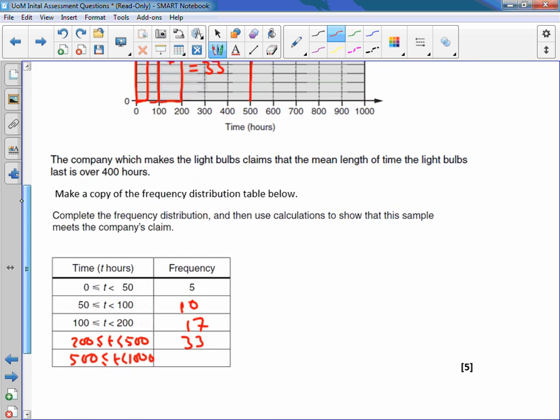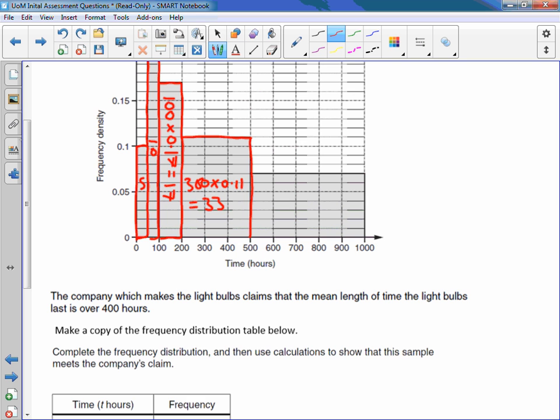So we've got a width of 500 and a height of 0.07. So that's going to give me a frequency of 35.